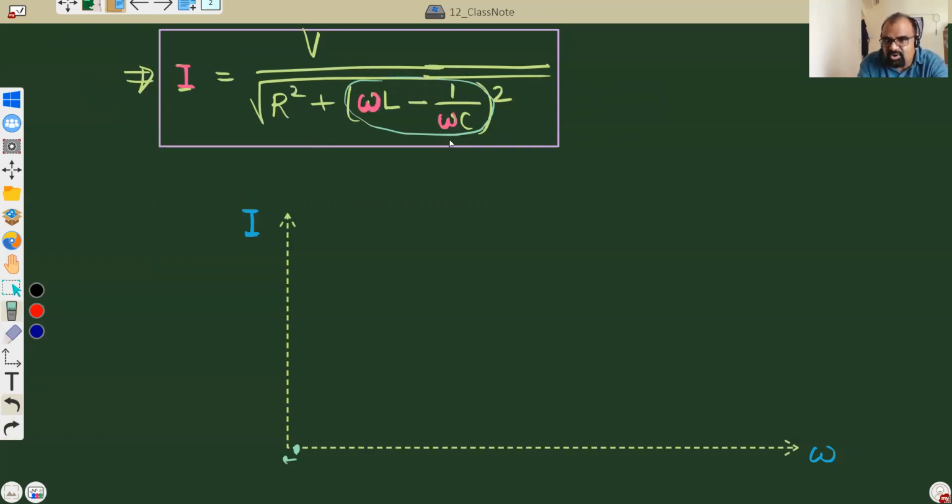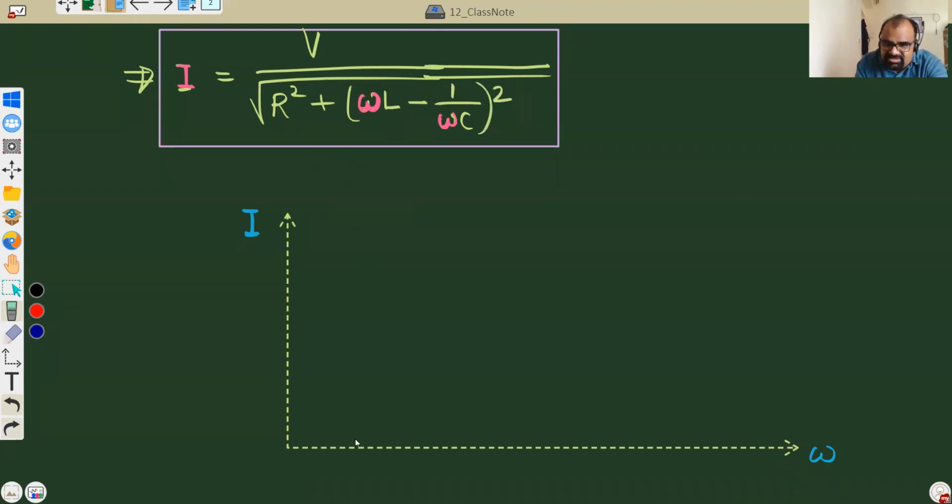If omega is very small, almost zero, then you know this part will be infinity. 1 by 0, almost 0, is infinity. So this entire part will be infinity, and current will become V by infinity. Am I correct? If omega tends to 0, not exactly 0, then this entire part will be infinity, so current will be 0.